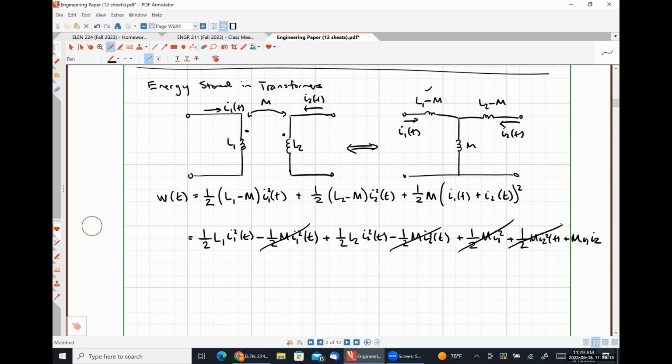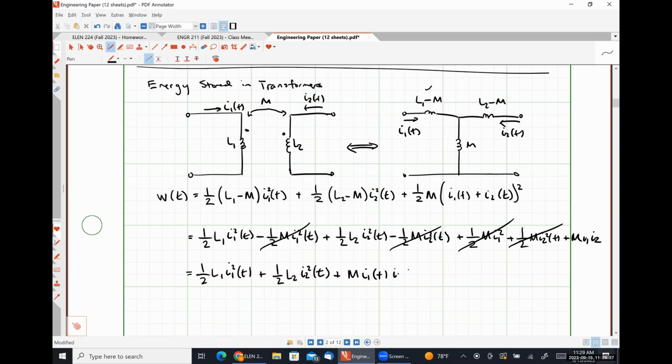Let's get rid of that. What we're left with is 1/2 L1 I1 squared plus 1/2 L2 I2 squared plus M times I1 times I2. So this is our energy stored in a transformer.